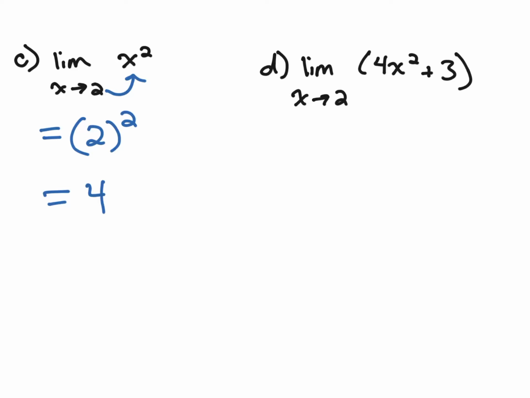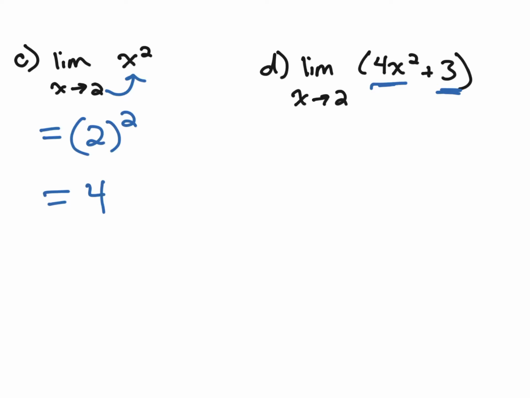Okay, if I do the limit as x approaches 2 of 4x squared plus 3, all right, there's some properties that they give you for limits. I'm an engineer. I'm all about application of math as opposed to theory of math. I don't need to teach you the properties for you to be able to do this. There's a property that says, oh, well, you evaluate this one as a limit, and you evaluate that one as a limit, and then you add them together.